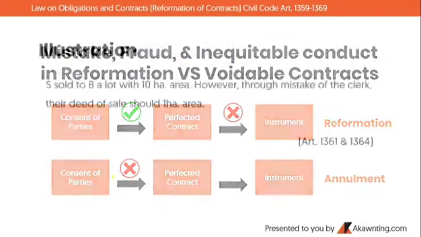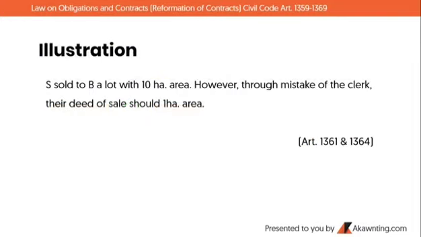Okay? So, ayan. So, illustration tayo para mas maintindihan natin kung ano ba itong reformation of contract. So, S sold to B a lot with 10 hectare area. However, through mistake of the clerk, yung nagta-type nung kasulatan, their deed of sale showed 1 hectare area only.